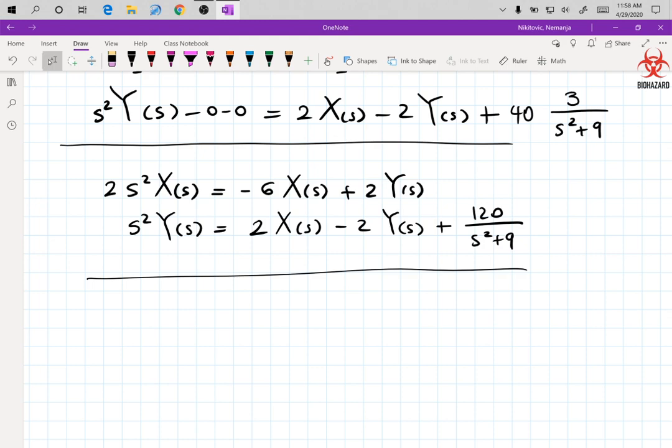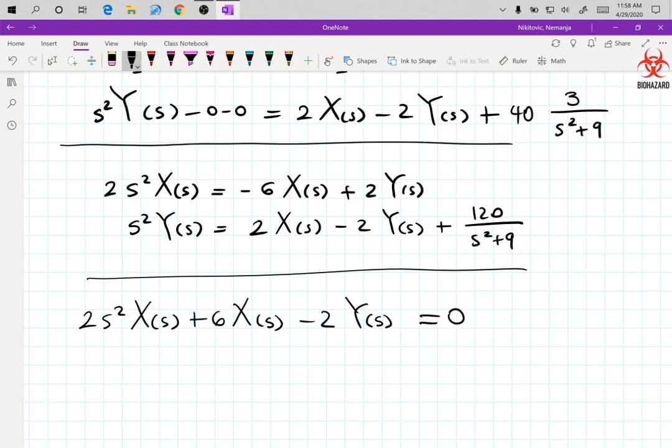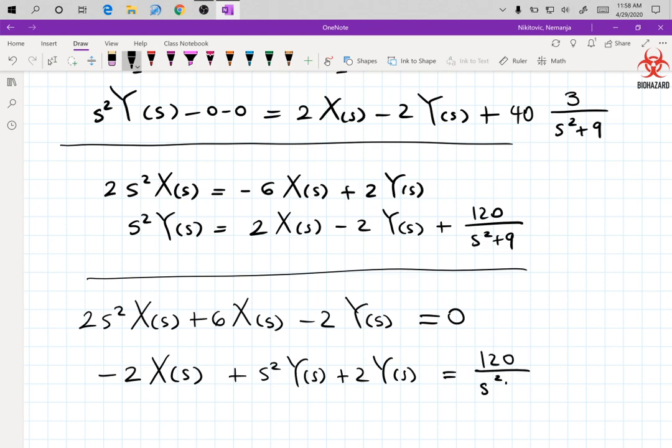All right. So now I have my xs. Now let's just move everything. So 2s squared x of s plus 6x of s minus 2y of s is equal to 0. Minus 2x of s, right? Plus s squared y of s plus 2y of s is equal to 120 over s squared plus 9.